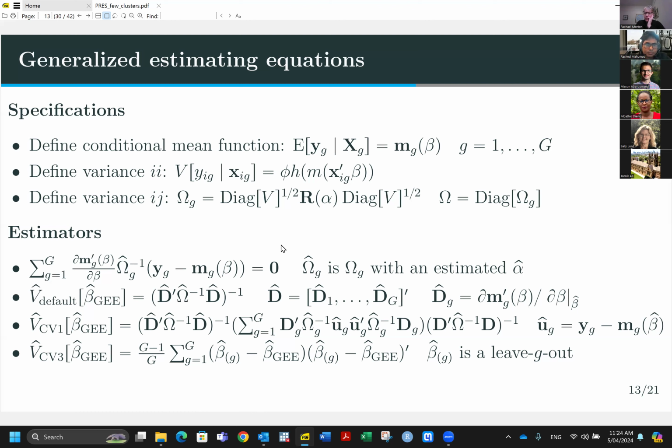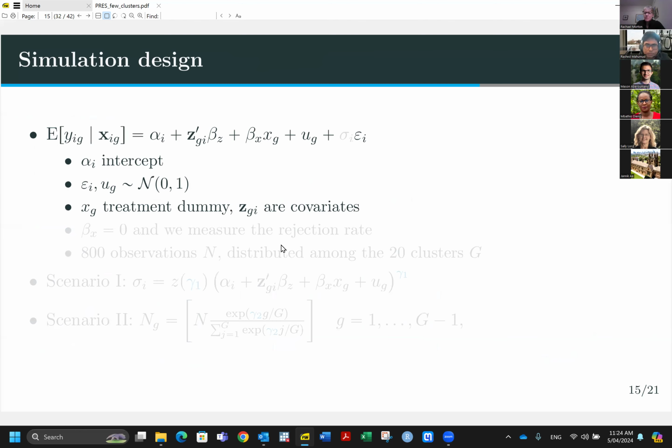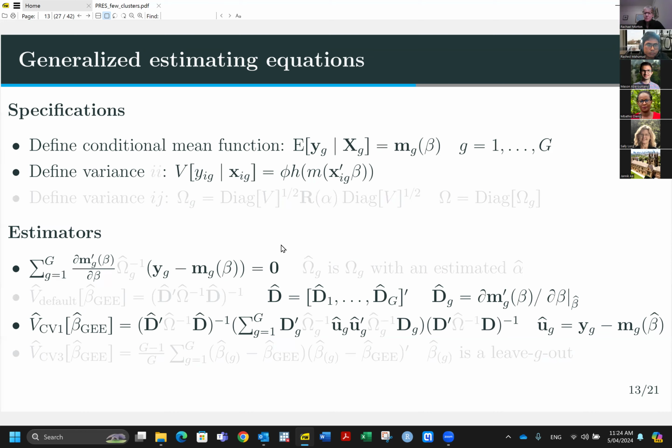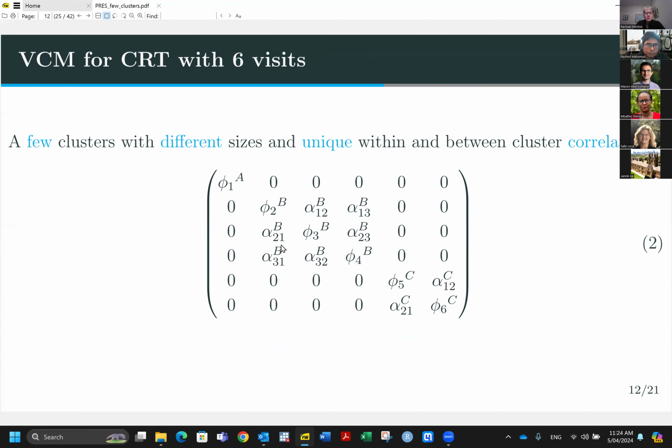Yeah, this is a very good question. Even when you have clusters of equal size, you still can't be certain that the variation between clusters is the same. I discuss this in the paper a bit, and I have a particular simulation that stresses this quality of CRTs. Even if we have homoscedastic errors, even if the variance across clusters is the same, you would still have to know that.